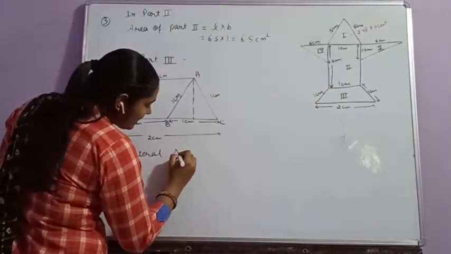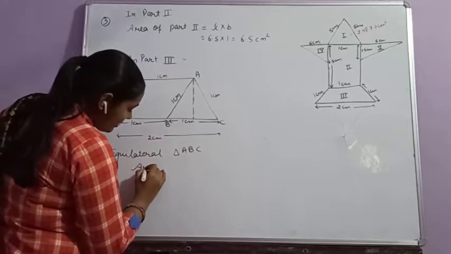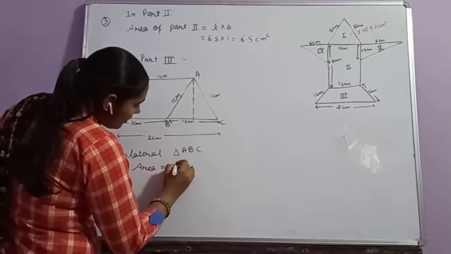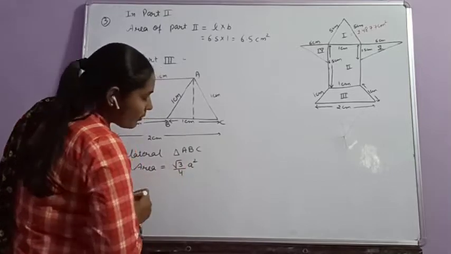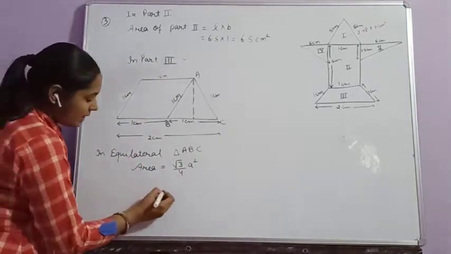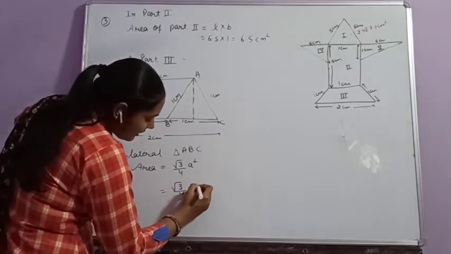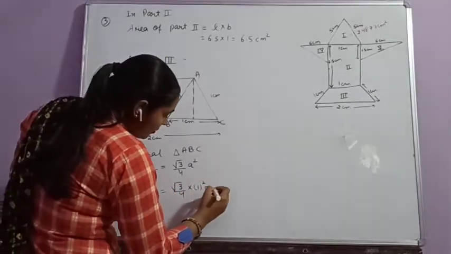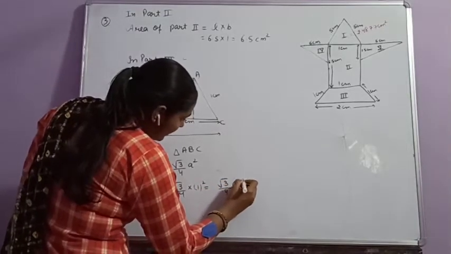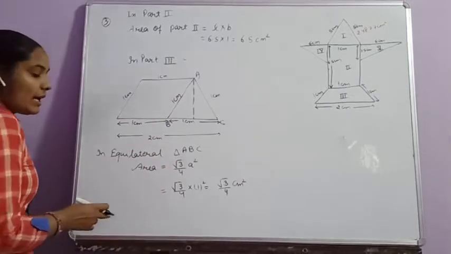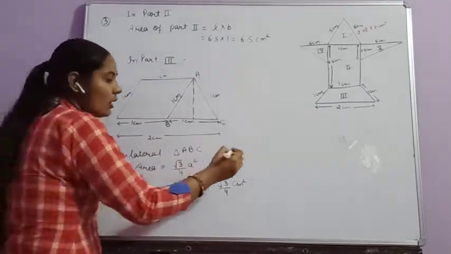In equilateral triangle ABC, the area is equal to square root of 3 by 4 a square. That is the formula for the area of an equilateral triangle, and we know that the value of a is equal to 1, so the area is square root of 3 by 4 square centimeter. We can also calculate the area of any triangle using the formula 1 by 2 into base into height.